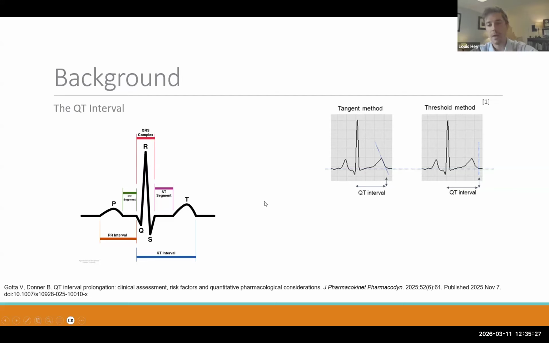There are two main methods to measure the QTC, and this is what the computer uses as well. The most recommended method is the tangent method. You take the steepest downward slope of the T wave, and then you take a line on the isoelectric line, or the baseline, and where those two intersect is your end point for the QT interval.